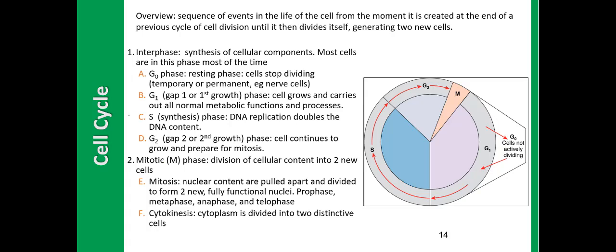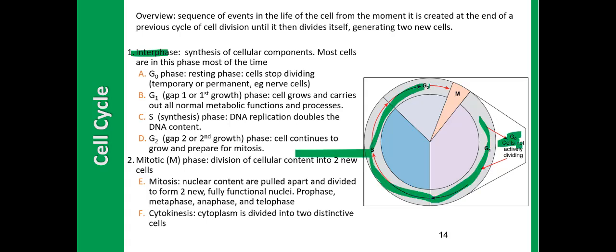There are 2 main phases of the cell cycle. The first one is called interphase, and interphase includes G0, G1, S, and G2 phases. The second phase is called mitosis, also referred to as the M phase.